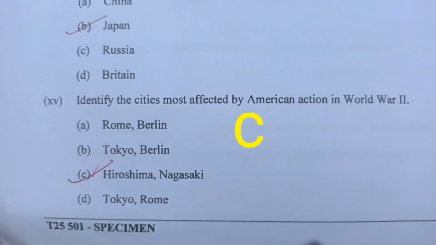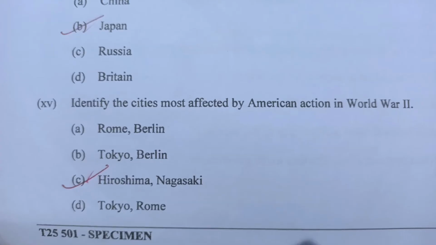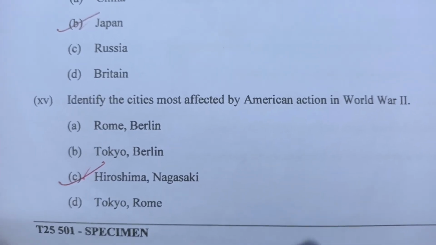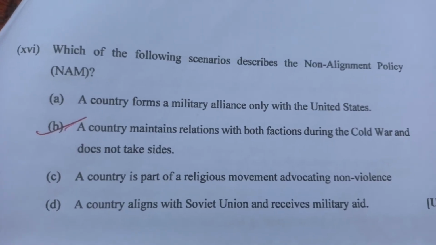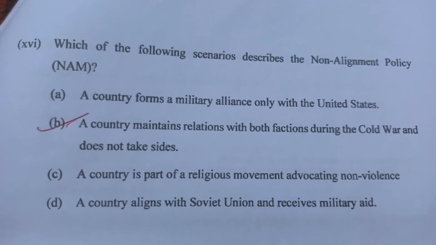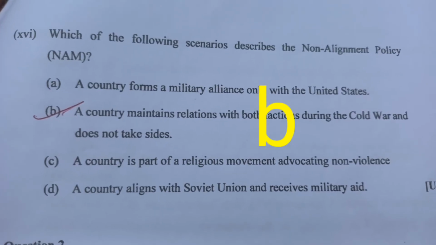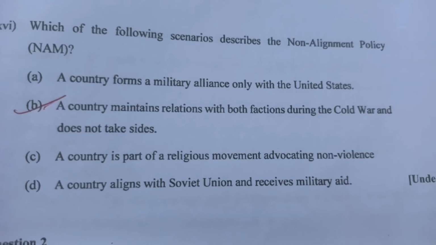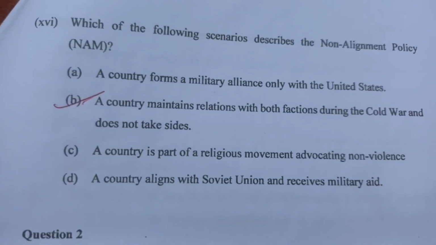Here option C is correct, Hiroshima and Nagasaki, on which atom bombs were dropped by America. Next, number 16th, which of the following scenarios describes the non-alignment policy NAM? Here option B is correct. A country maintains relations with both factions during the Cold War and does not take sides.